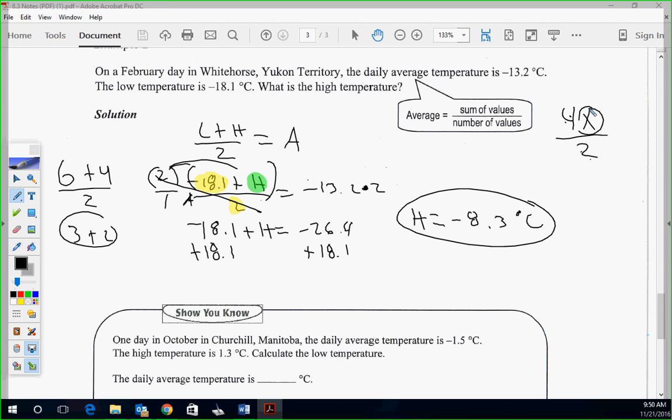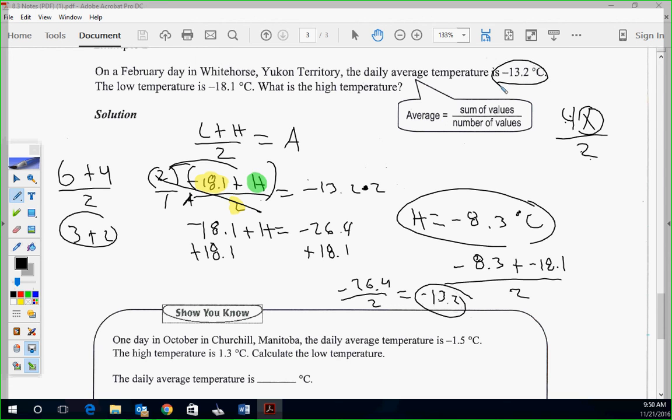If we want to check that real quick, we'd go negative 8.3 plus negative 18.1. Sorry, we're adding the negative. All over 2. If you calculate that, you should get negative 26.4 divided by 2 equals negative 13.2, which is what they said the average was. So we're good.